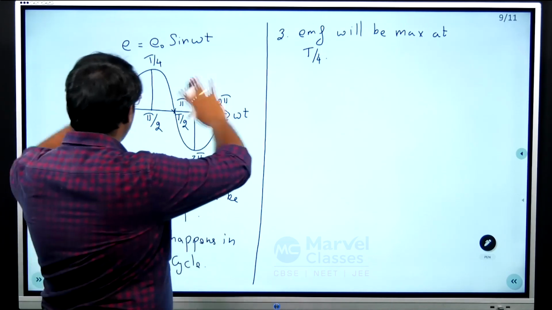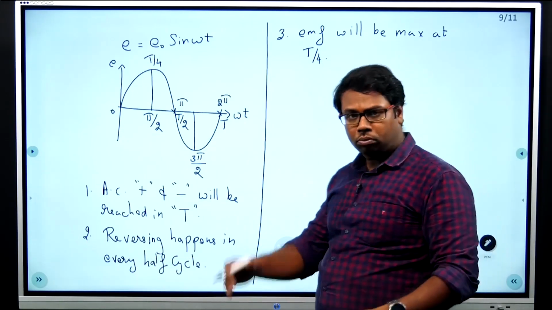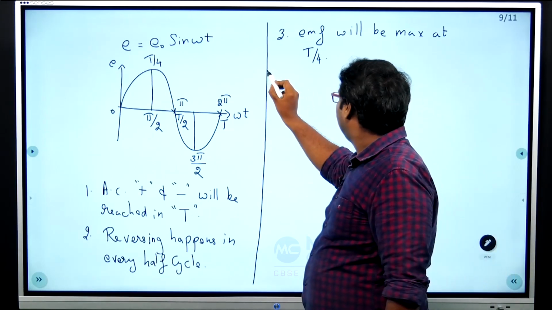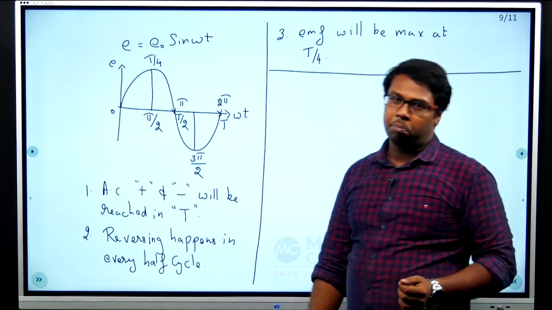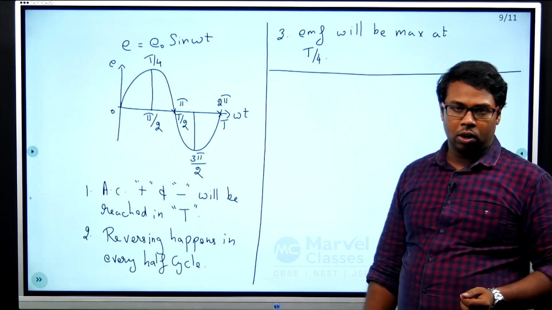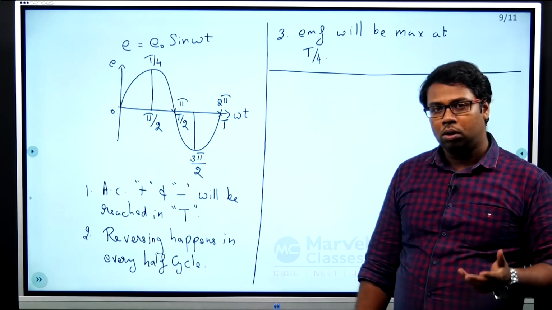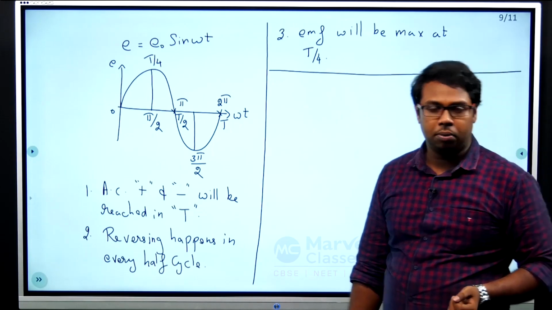These are the various other factors that you should learn about the orientation changes. With this note, we are going to study the application. The application is that we are going to apply this to an AC generator.